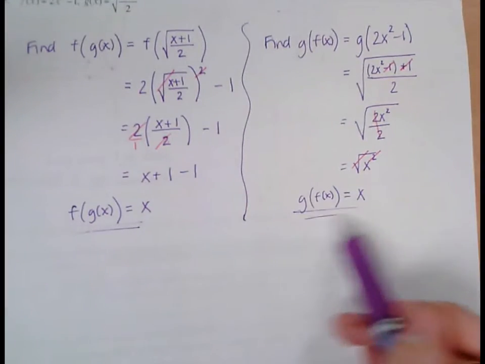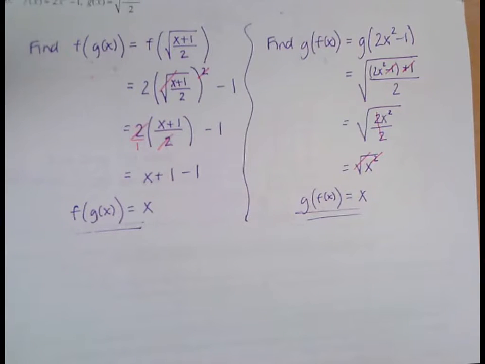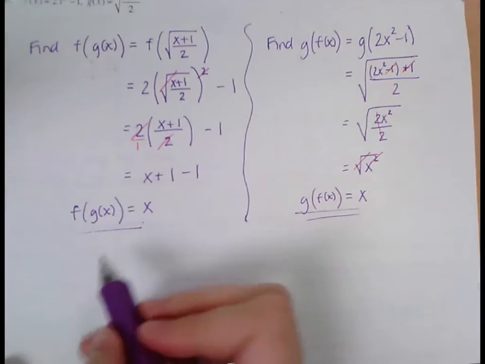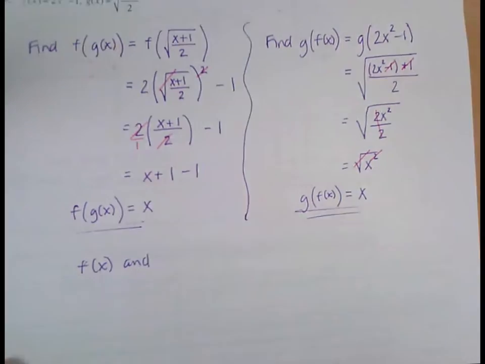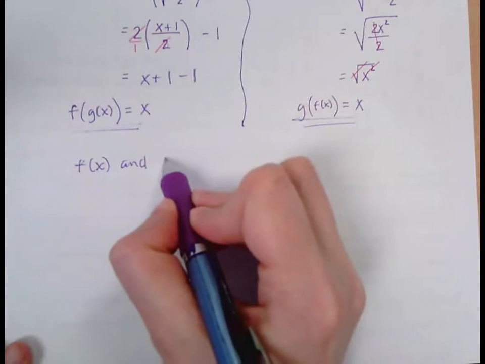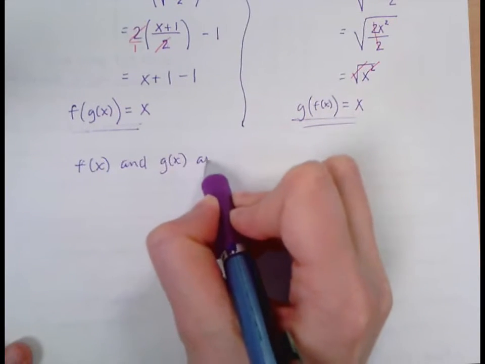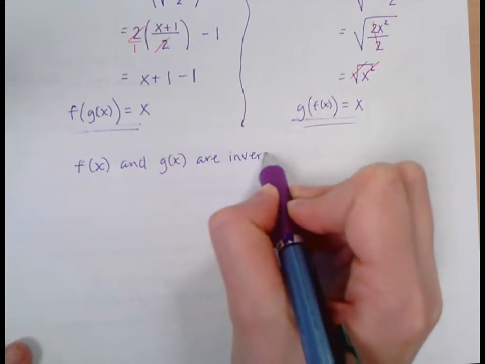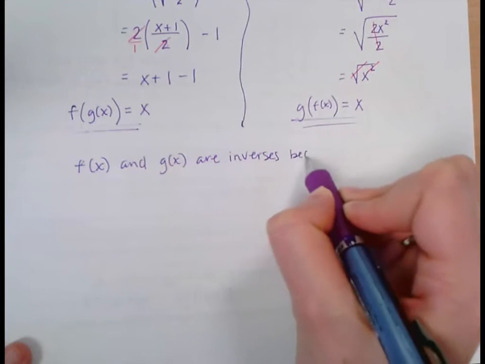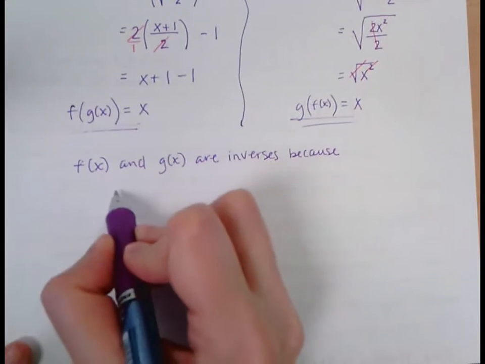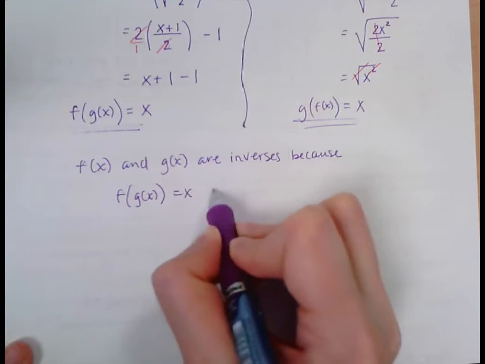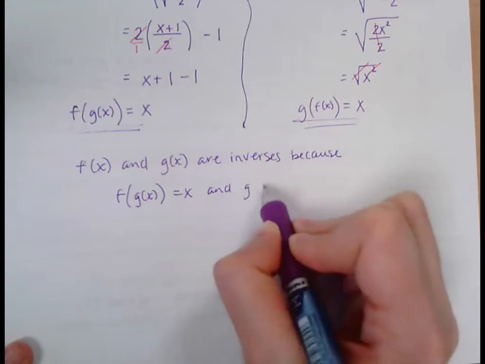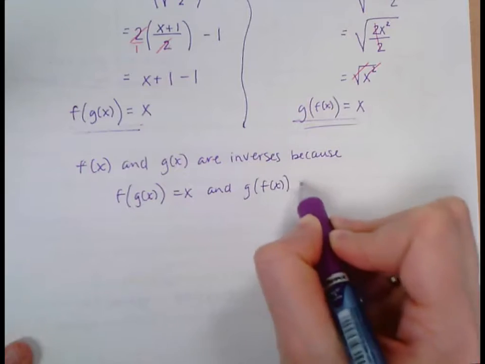Okay, so then we can determine that these two functions are inverses because both compositions equal x. So I would say f of x and g of x are inverses because f of g of x equals x and g of f of x equals x.